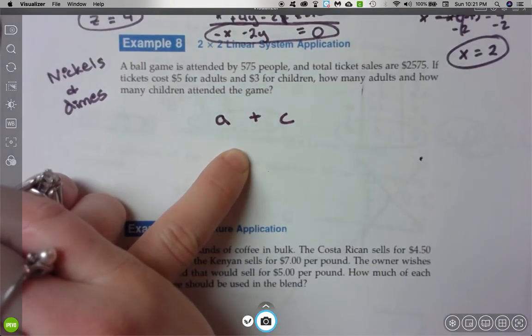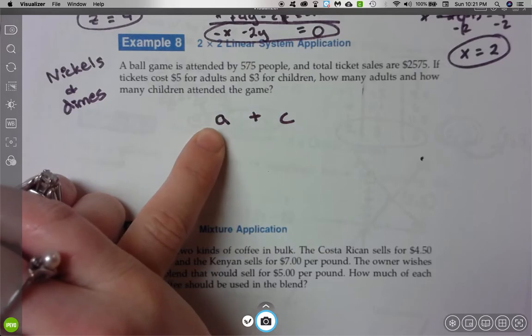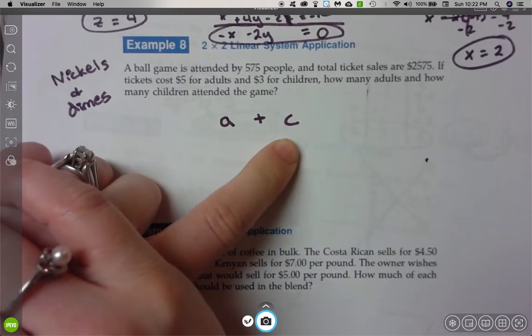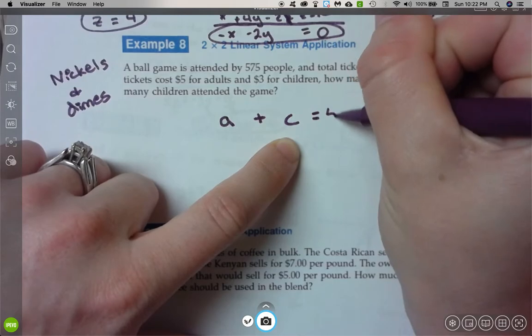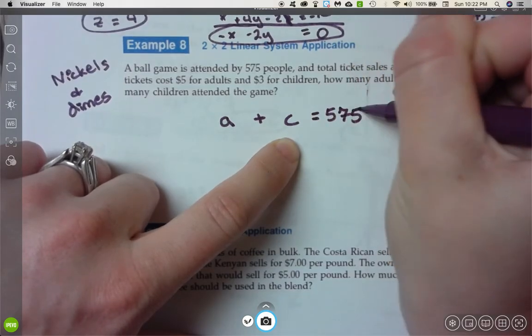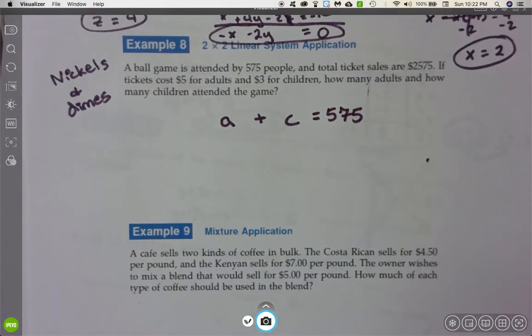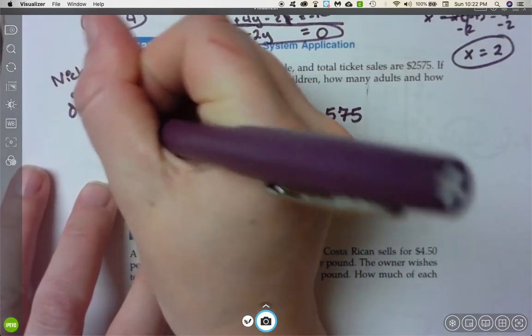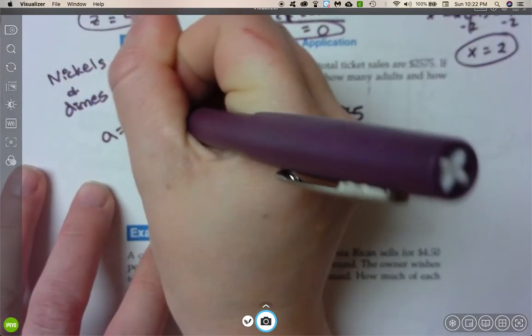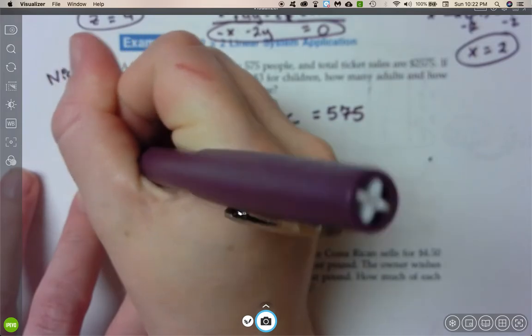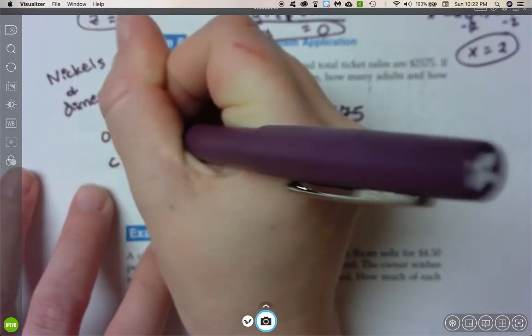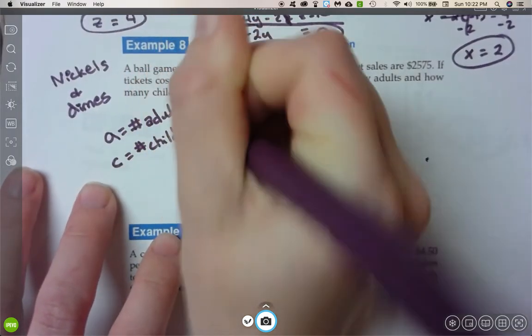Now if I add the number of adults together and the number of children together, that should end up equaling 575 people. A is the number of adults, and C is the number of children. All right, so there we have that.